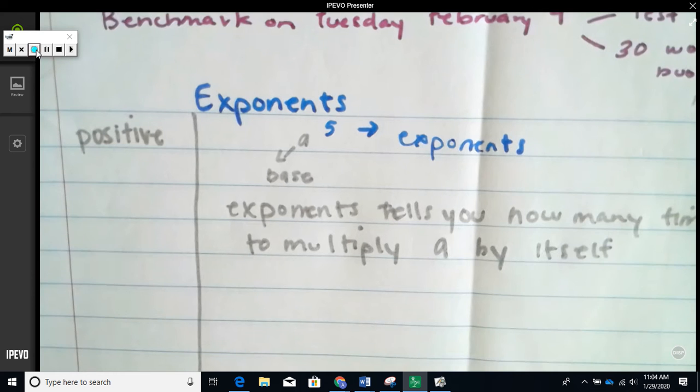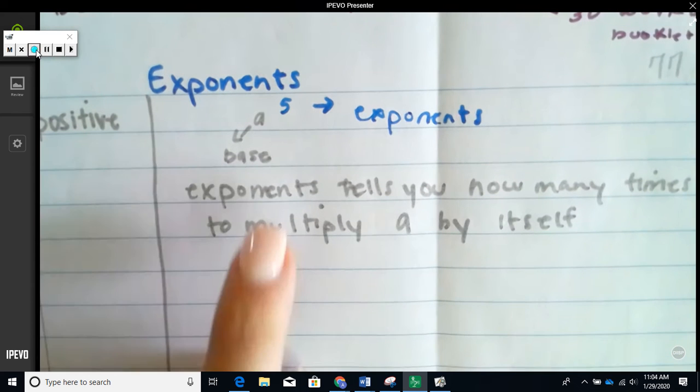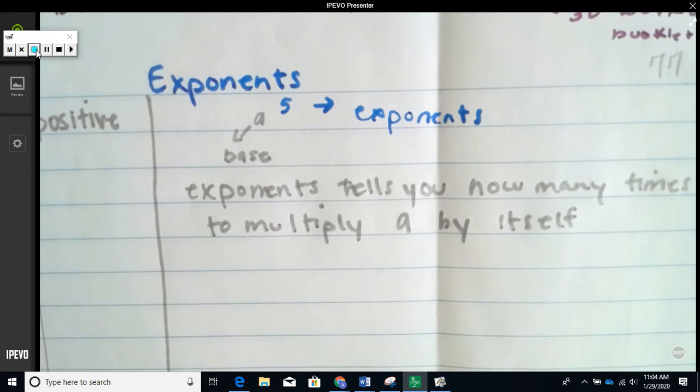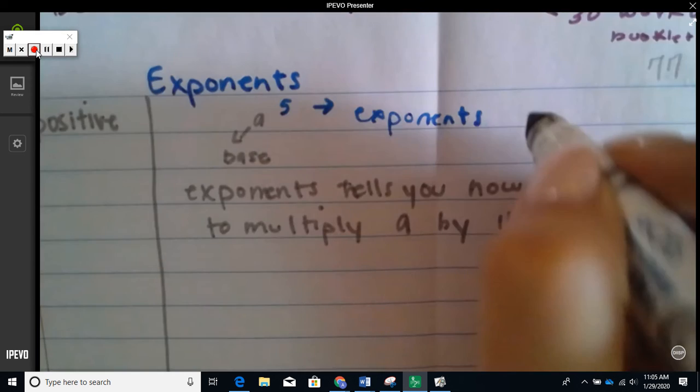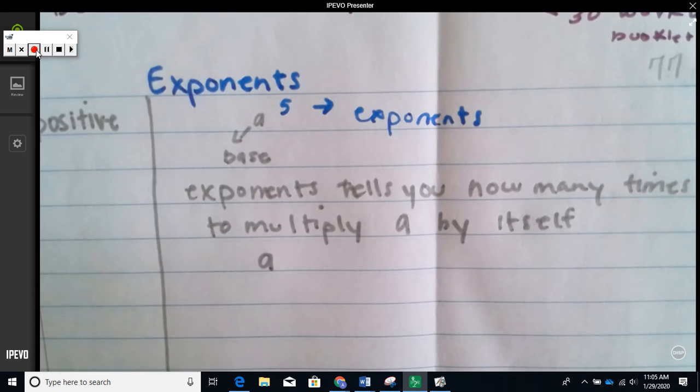So in this problem, a to the power of 5 does not mean a times 5. It means a times a times a times a times a. A multiplied by itself 5 times. I'm going to write that here because I don't have a lot of space over there.